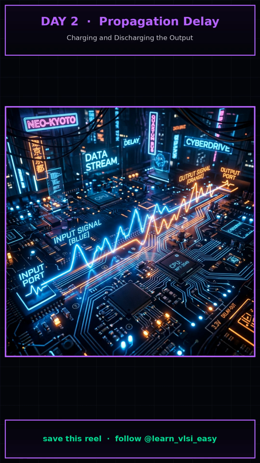When the input falls and the output goes from low to high, the PMOS transistor acts as a current source, charging up the total parasitic load capacitance at the output node. This gives us the low to high delay, TPLH. When the input rises, the NMOS discharges that same capacitance to ground, giving us the high to low delay, TPHL.